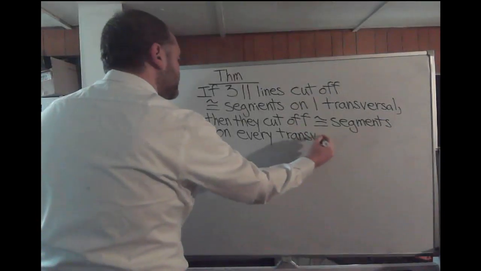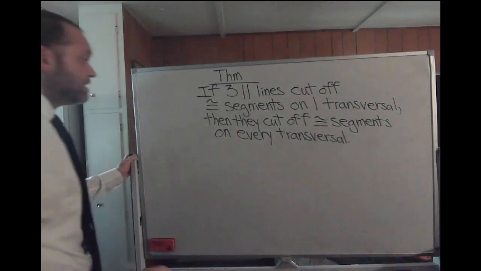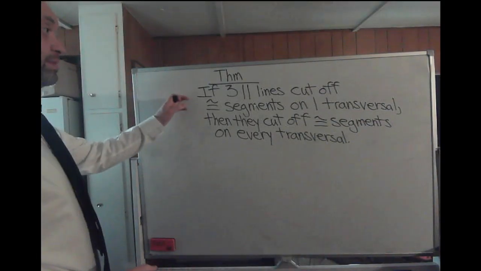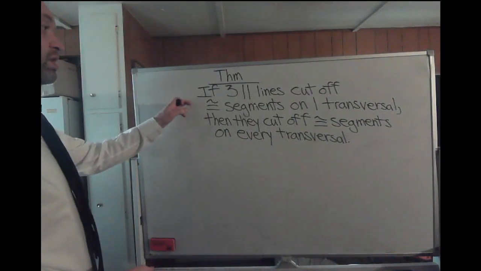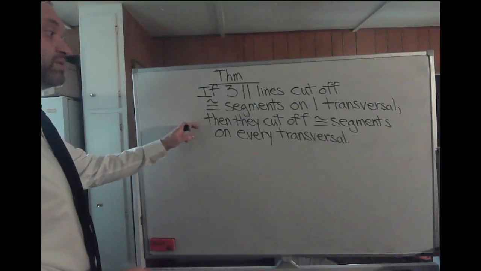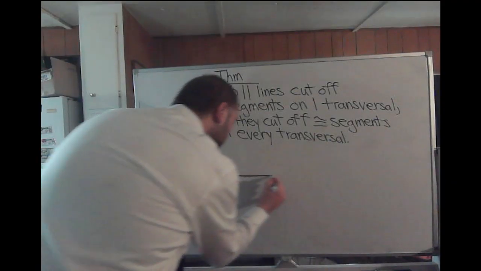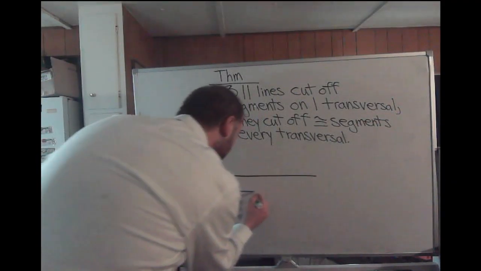And I'm going to illustrate that real quick, then we're going to do some exercises with this theorem. So if three parallel lines cut off congruent segments on one transversal, then they cut off congruent segments on every transversal. So let's draw some parallel lines here.